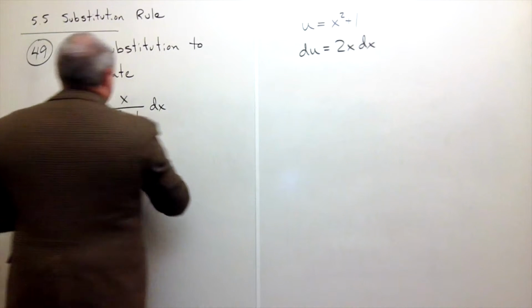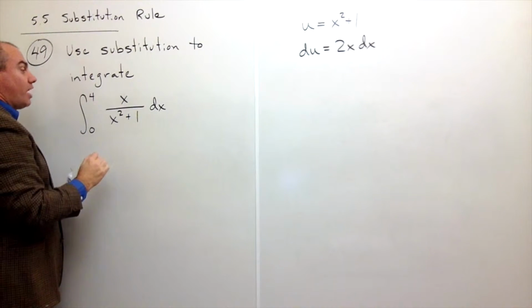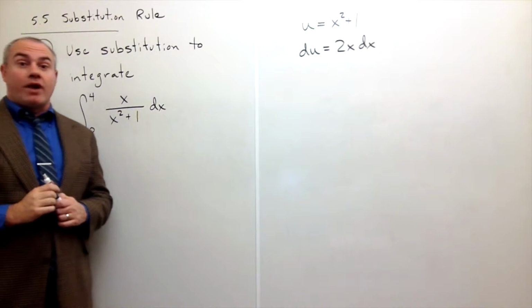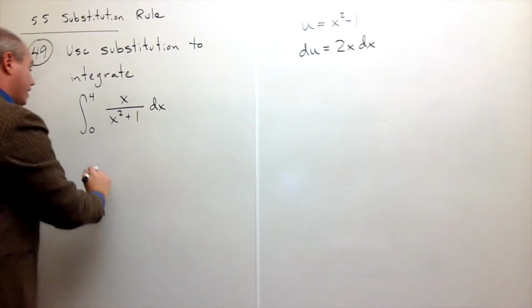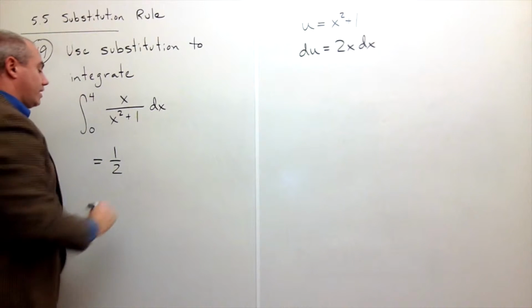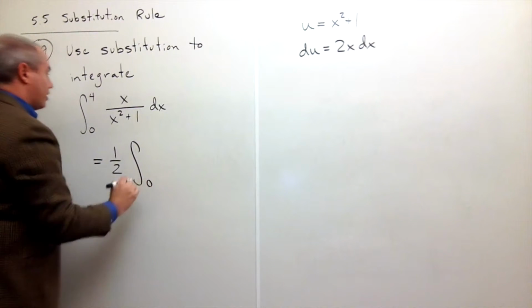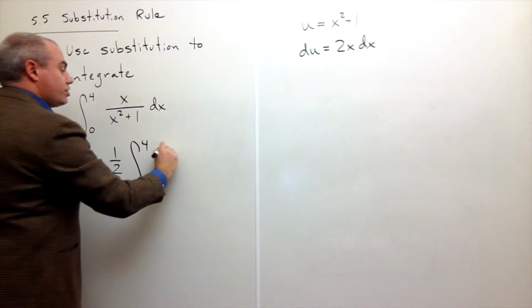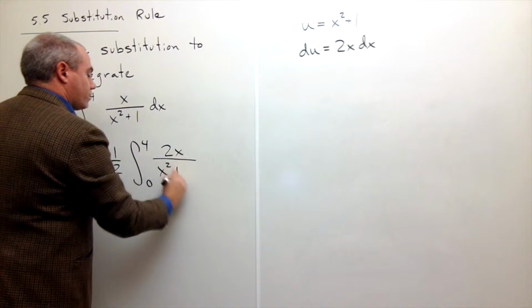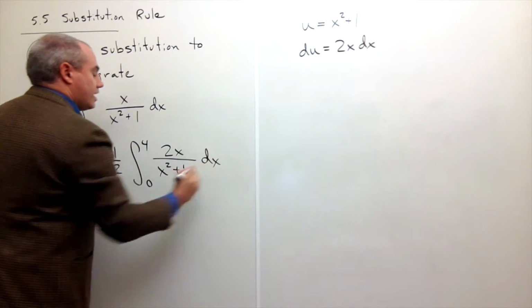So I'll go ahead and add the 2 on top and multiply on the outside of this integral by 1/2. So let's rewrite. I get the 1/2 on the outside times the integral from 0 to 4 of 2x over x squared plus 1 dx.